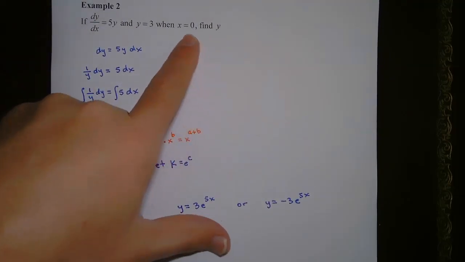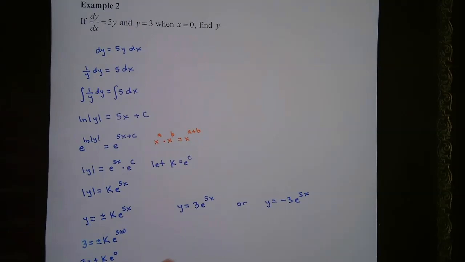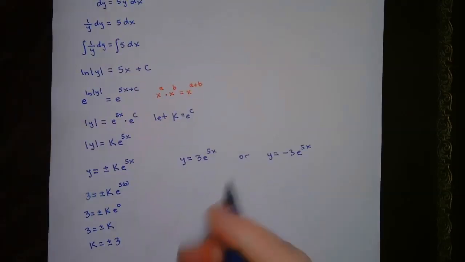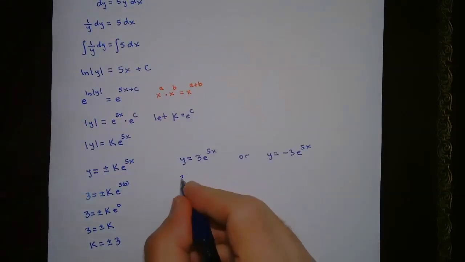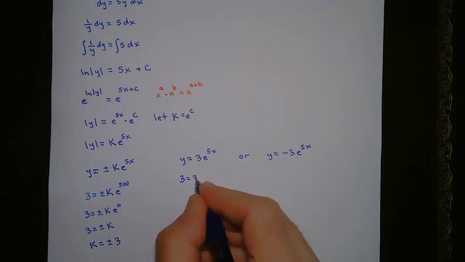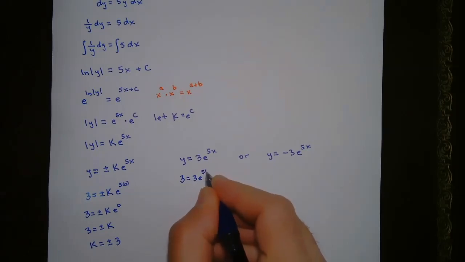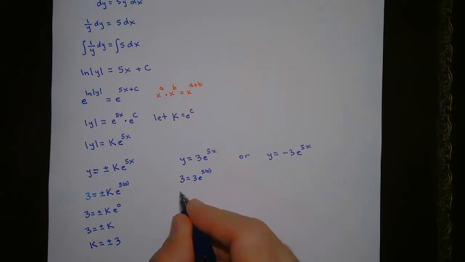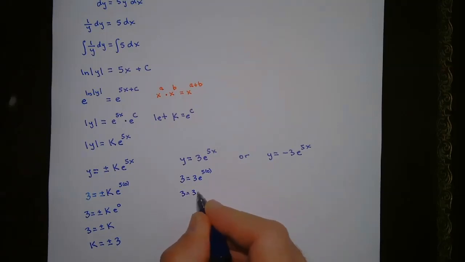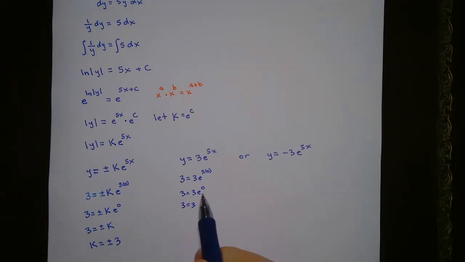When x equals 0, y has to equal 3. So when we put the 3 in for y, that's equal to 3e to the 5 times 0, right? That'd be 3 is equal to 3e to the 0. So e to the 0 is 1, so that's 3 equals 3. So this one's the one that works, right?